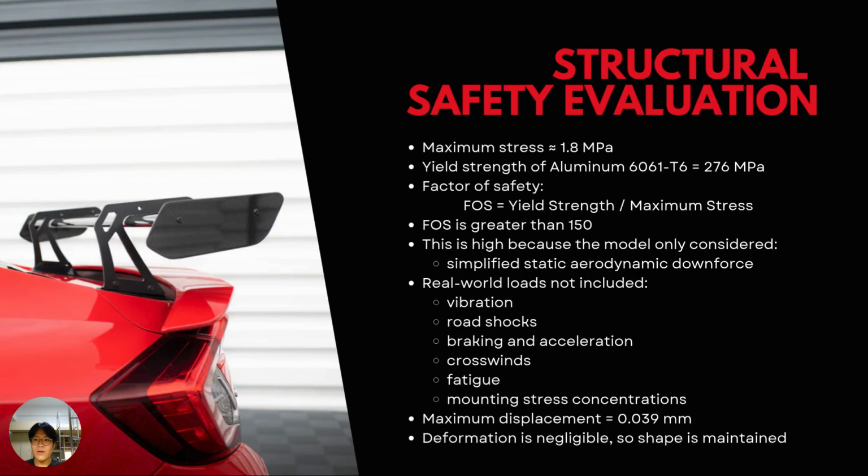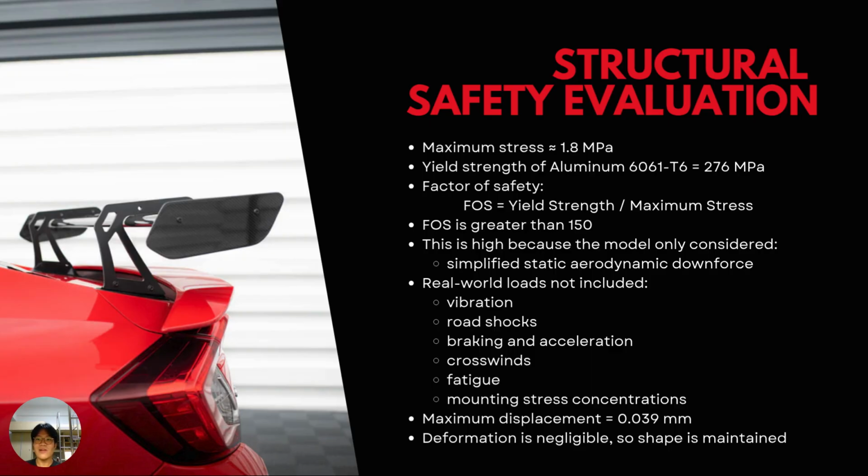The maximum von Mises stress is about 1.8 megapascal, while the material yield strength is 276 megapascal. So the factor of safety is calculated by dividing yield strength by maximum stress, which gives a value greater than 150. This is very high, but it is important to interpret it correctly. In this project, the analysis only considered a simplified static aerodynamic downforce of 264 Newton.